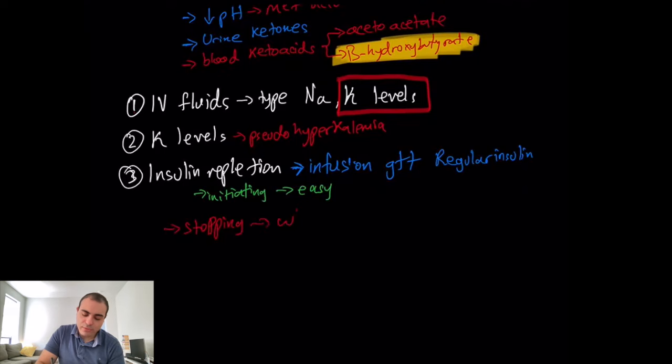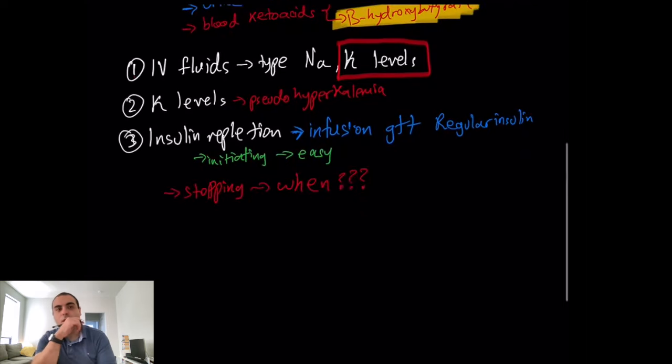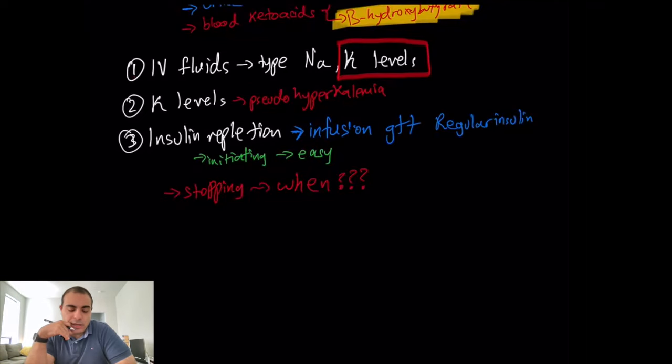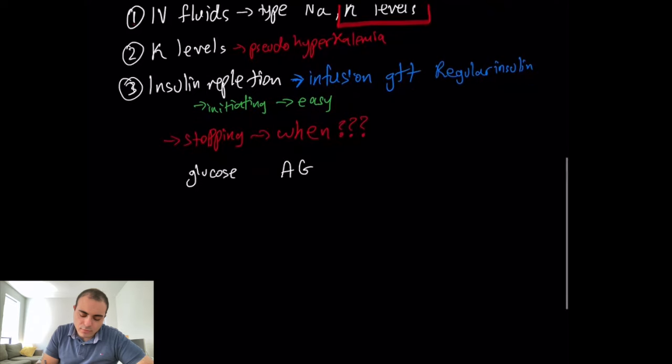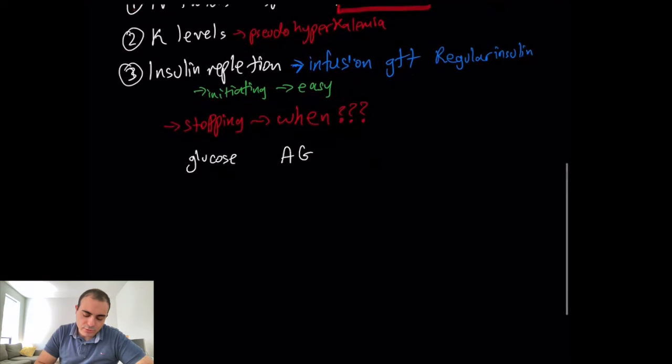So when do you stop it? When there's a normal anion gap, and the patient is eating well. How about if there's normal glucose? So let's create two scenarios. Scenario number one, so you've got the glucose levels, you've got the anion gap, and patient eating, it doesn't really matter too much, okay?